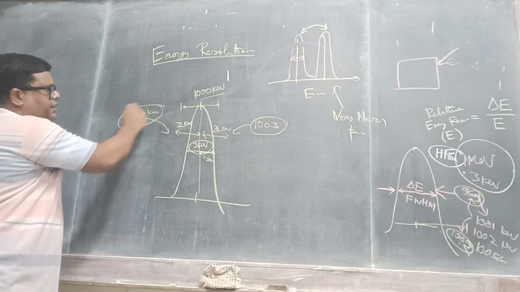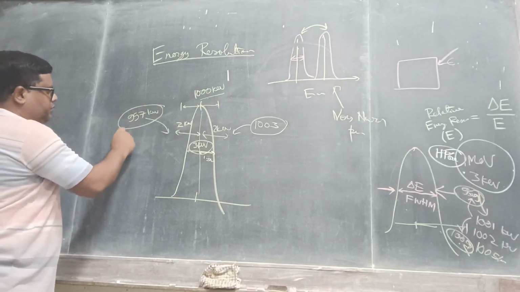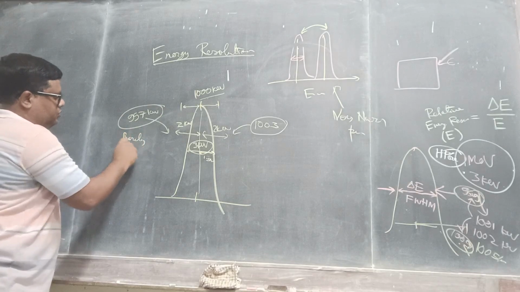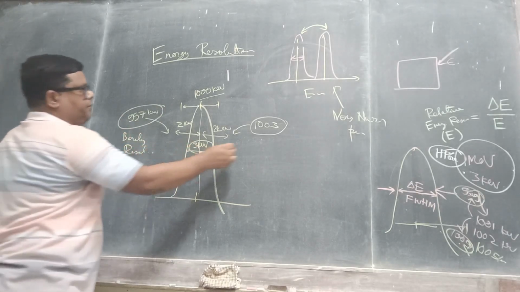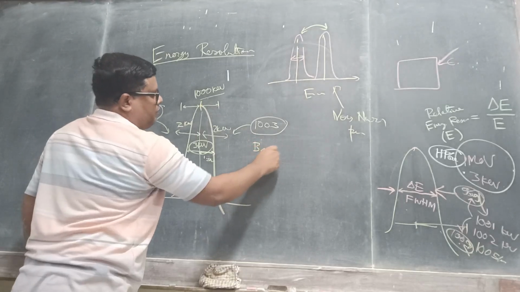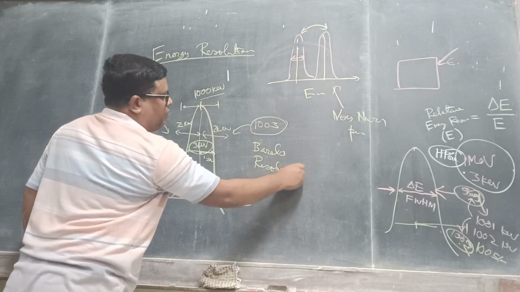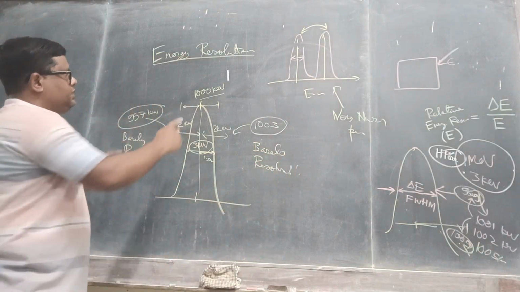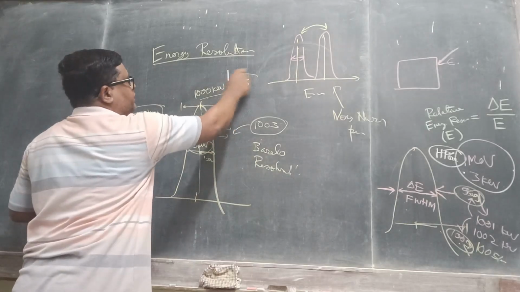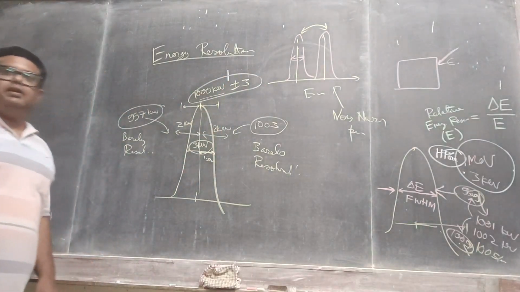Similarly here, 997 is barely resolvable. But to be on the safe side, we will just consider plus or minus 3 like this. Okay?